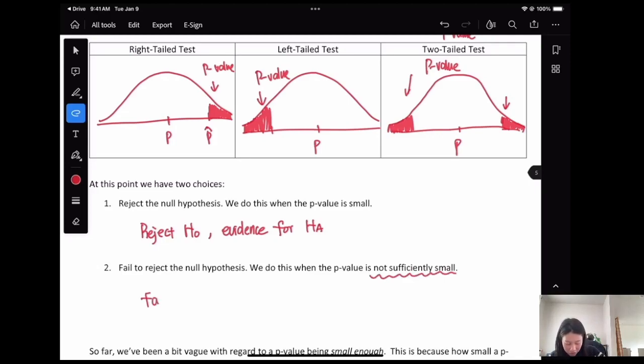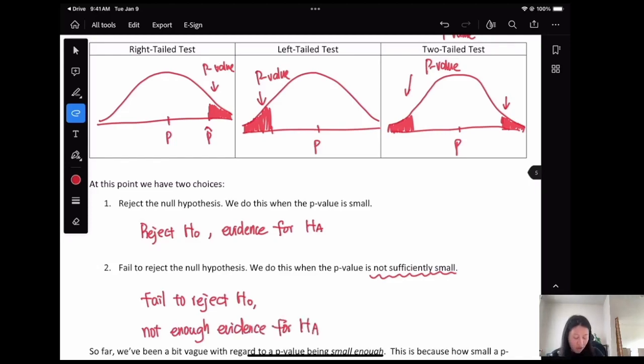So we say we fail to reject our null hypothesis, and there's not enough evidence for the alternative hypothesis. Why do we only have two choices, either reject or fail to reject the null hypothesis? Because everything is built around our null hypothesis. So that means we either fail to reject or we reject.